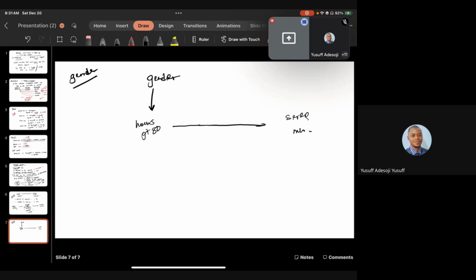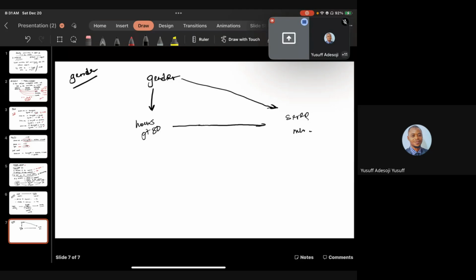There is, in fact, research that has shown that men and women have different levels of mental illness, right? And so we can say that gender is related to severe mental illness. Okay, so that means that the first and second criteria have been met.